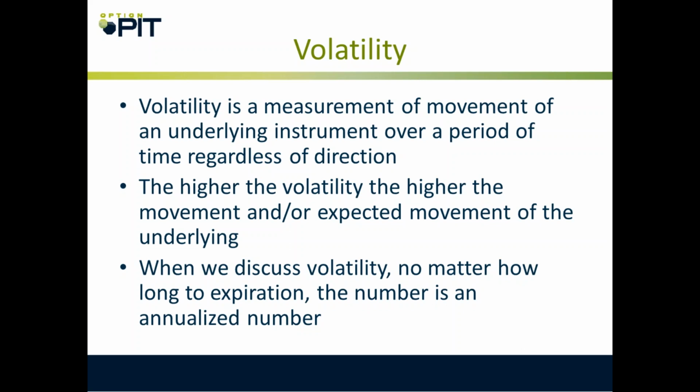Apple is going to move 18% annually. That's the way options are pricing things. That's really the first key to understand: volatility is a number that we look at, but it's annualized. It's not over the life of the contract.